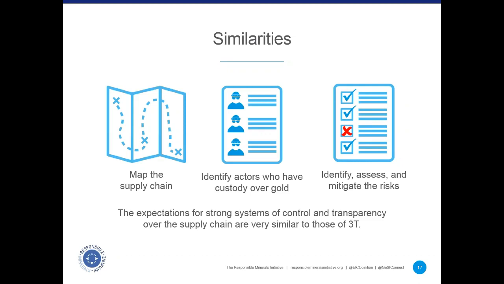Finally, the refiner will identify, assess, and mitigate the risks associated with the gold, for example, by determining if it comes from ASM or LSM, if it is recycled or mined, if there are discrepancies in its appearance upon arrival at the refiner, etc. The auditor's role is to assess whether there are systems and processes in place to ensure that these activities are in line with the refiner's policy and meet the requirements of the standard itself.